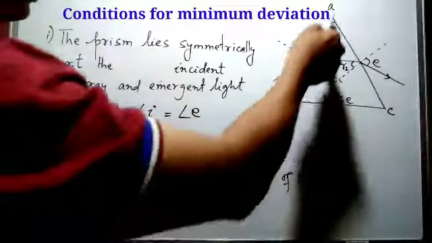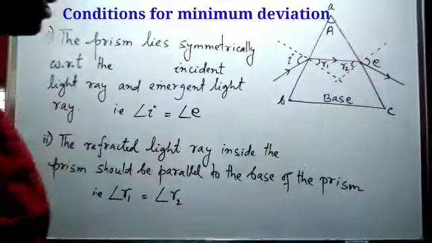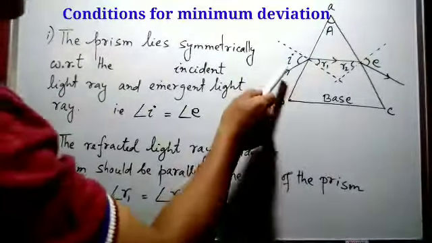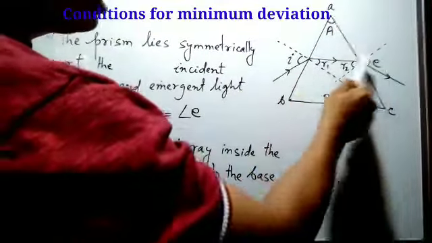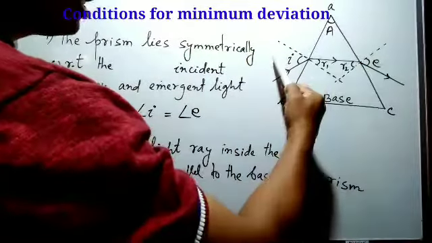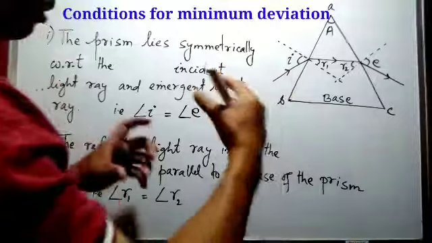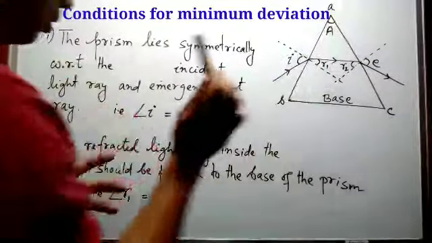In this figure, this is the principal section of the prism, and the angle of incidence i and angle of emergence e are equal, so the position of the prism is symmetrical from left and right, that is i equal to e.